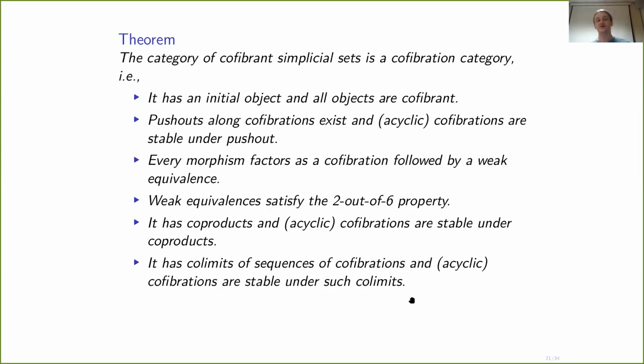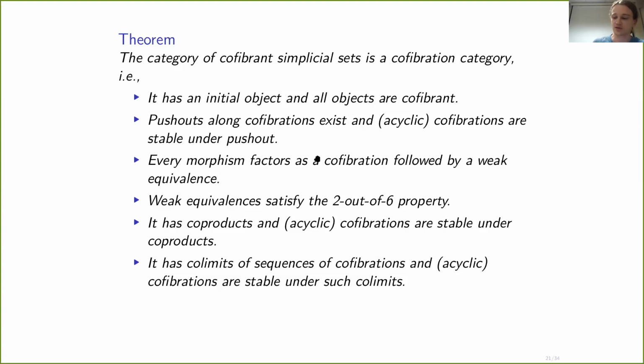Okay, and really the reason for doing that was to immediately dualize, to say that the category of cofibrant simplicial sets is a cofibration category, i.e. it satisfies all the dual axioms, and the critical one of those is that pushouts of acyclic cofibrations along cofibrations are acyclic. That's really the crucial thing.